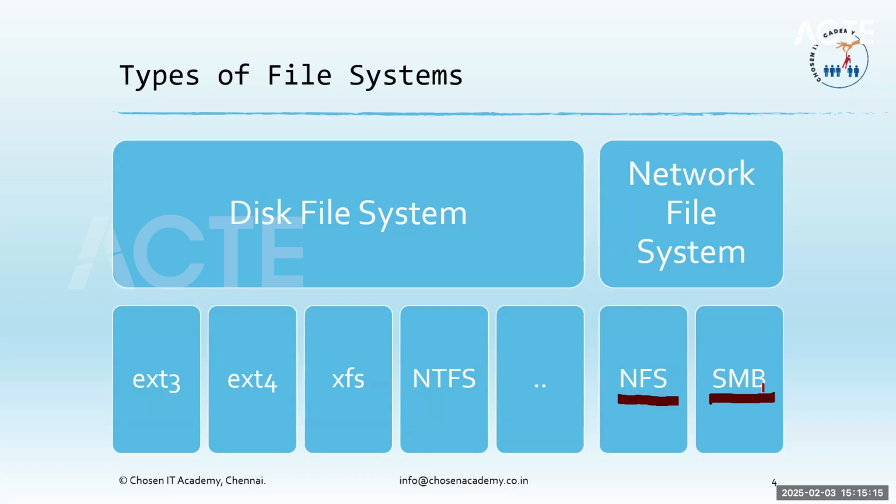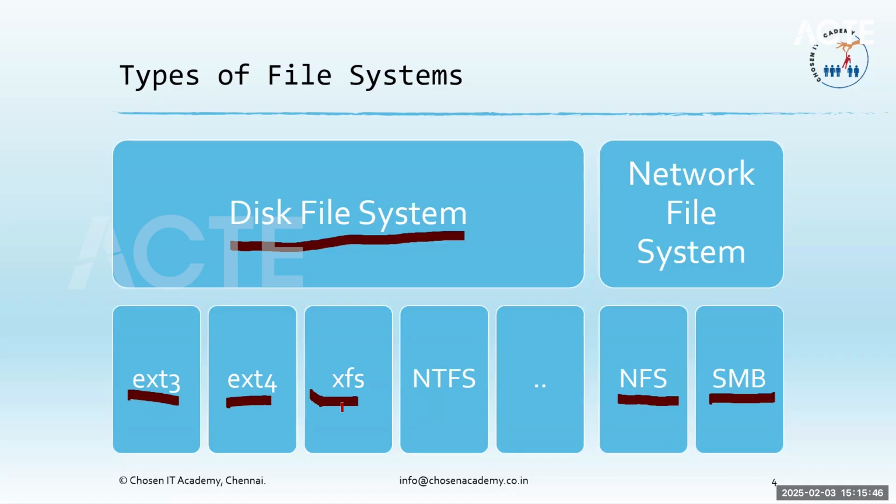This is basically a file system which we have within the physical disk in the system, and there are many varieties of file systems. I just listed a few. EXT started with Minix, the first file system that was developed, and then EXT1, EXT2, EXT3, EXT4, and XFS.